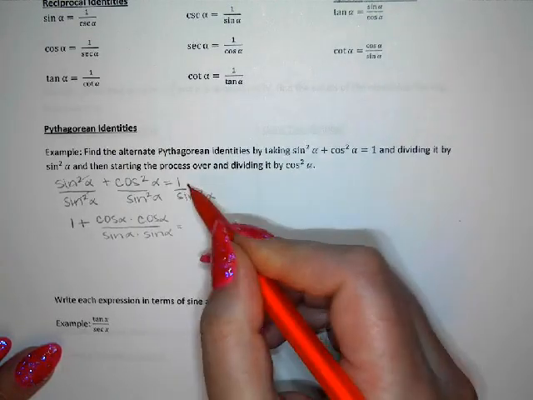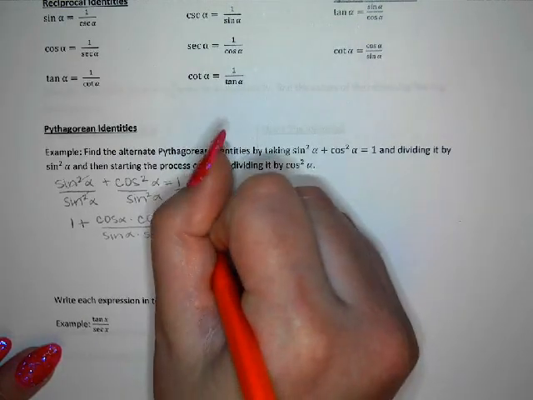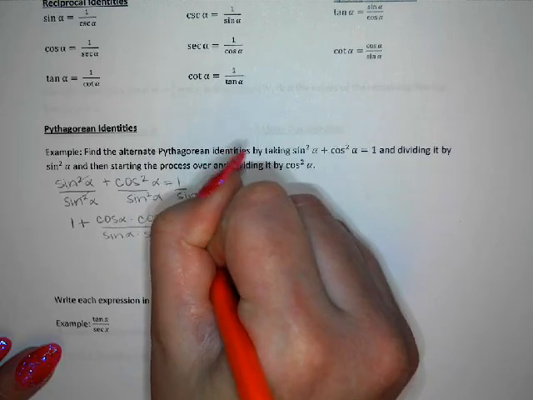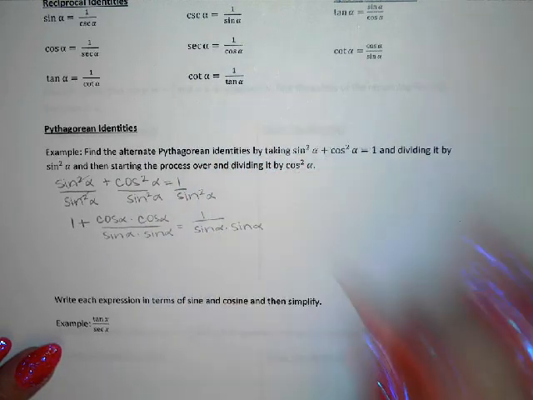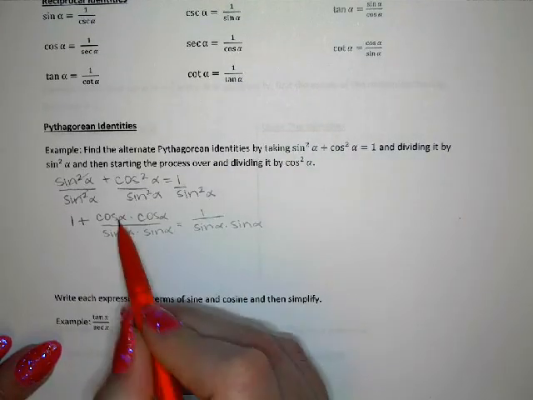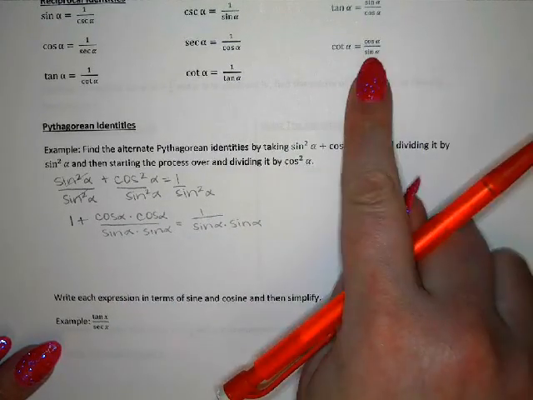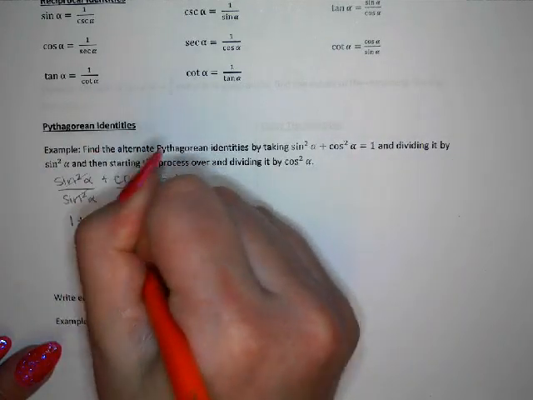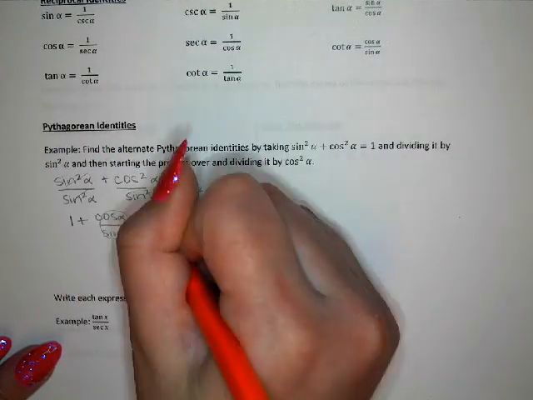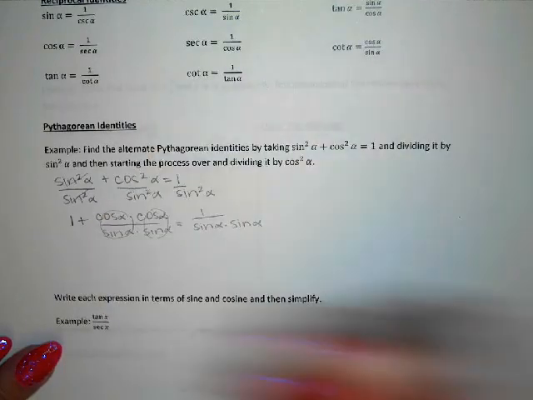And then for this one, we have 1 over sine squared, and so this really means 1 over sine alpha times sine alpha. Cos over sine we know is equivalent to cotangent. So this is a cotangent of alpha, and this is a cotangent of alpha.